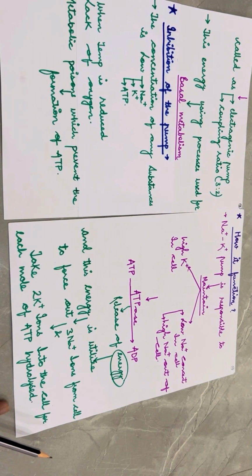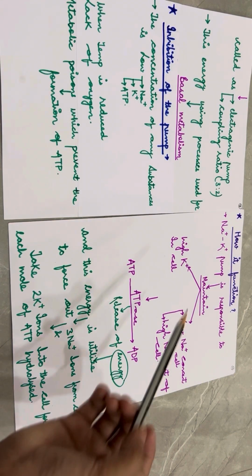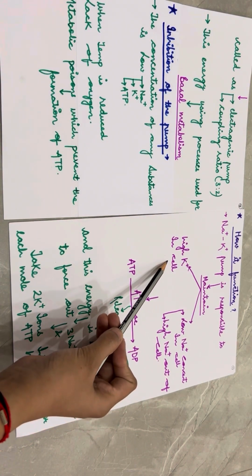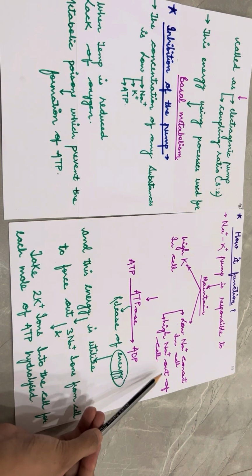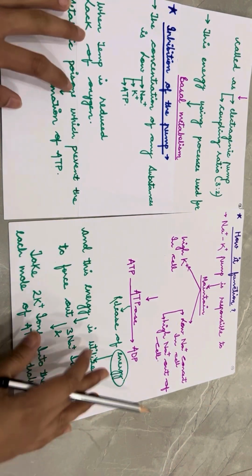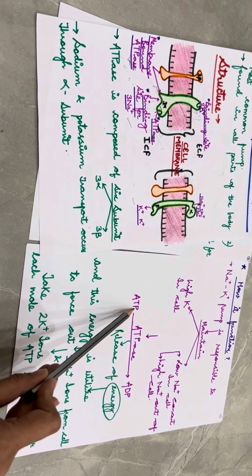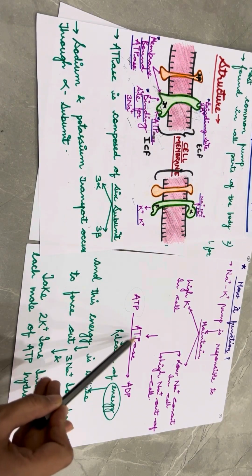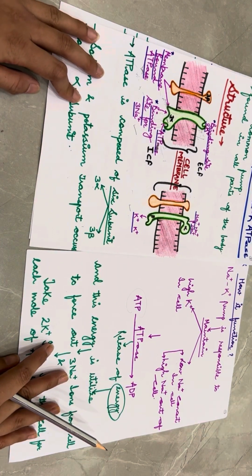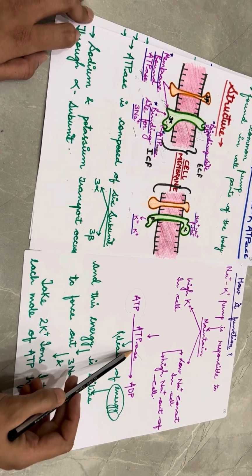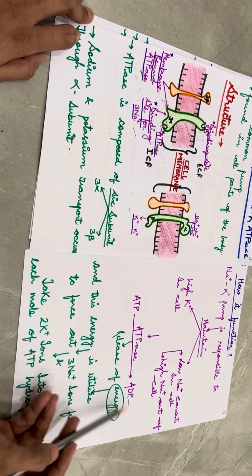So the sodium potassium pump is responsible for maintaining high potassium inside the cell, low sodium concentration in the cell and high sodium concentration outside the cell. And how it does this, as you can see over here, the ATP molecule, with the help of this carrier protein, the ATPase enzyme, is cleaved and results in ADP and releases energy.